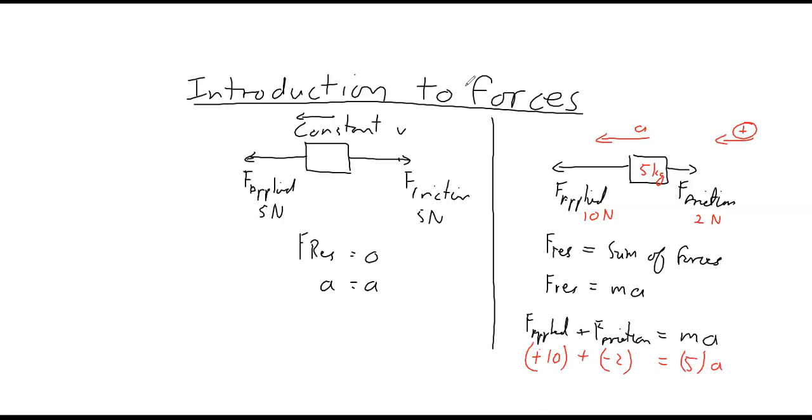Well, 10 minus 2 gives me 8, divided by 5, so my acceleration is 8 divided by 5. What does 8 divided by 5 give me? It gives me 1.6, so it is 1.6 meters per second squared. It is positive, it means it's going in the forward direction.